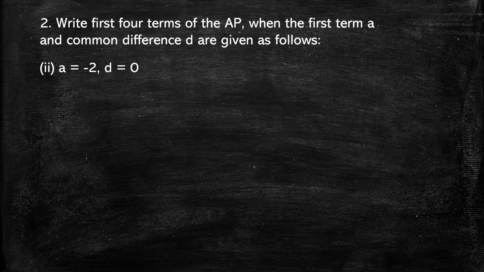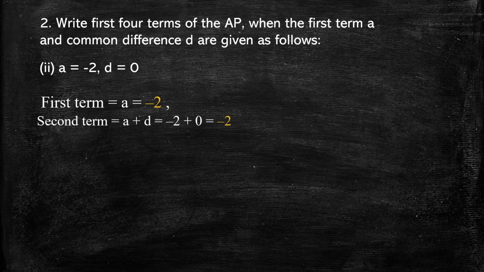The second sum, a is minus 2 and d is 0. a is minus 2. That means the first term is minus 2. Second term will be the first term plus the common difference, that is minus 2 plus 0. Minus 2 plus 0 is minus 2. So the second term is also minus 2. What is the third term? Third term will be second term plus the common difference. The second term is minus 2.